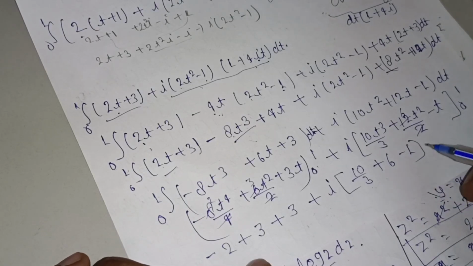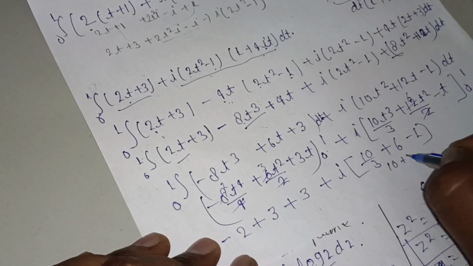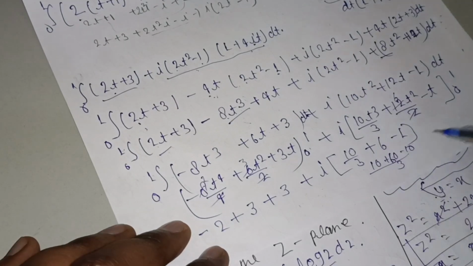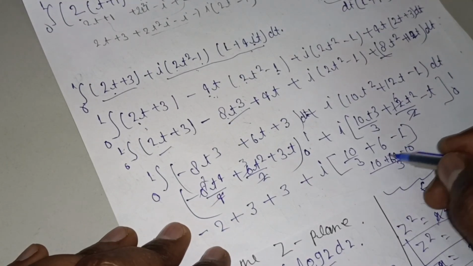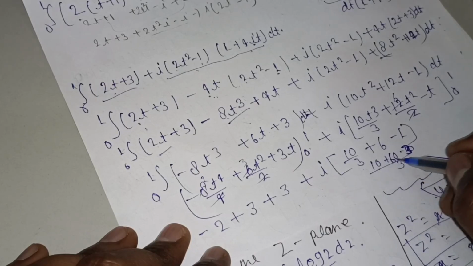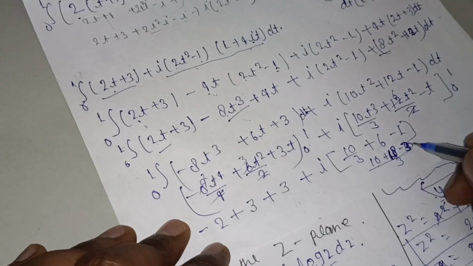So what will be here? This we will solve. Then 10 plus 60 minus 10 by 3, sorry, minus 3 by 3, 10 plus 18. Remember, a mistake can happen.